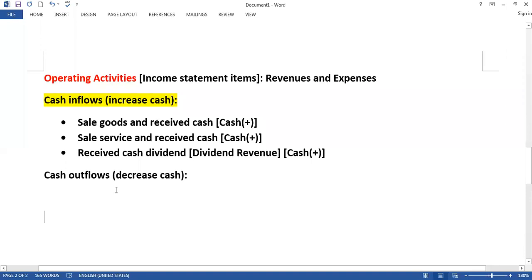So we are talking about the operating activities, and operating activities deal with income statement items, and we have two items, revenue and expenses. So the revenues part is related with cash inflows, because you sell your goods, it is your revenue, right? It is called sales revenue.